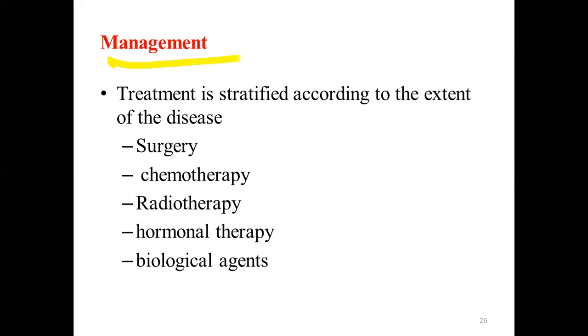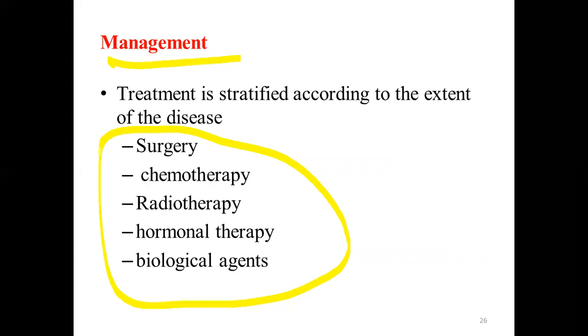According to the current guideline, those are the modalities we are going to use in managing breast cancer: surgery, chemotherapy, radiotherapy, and hormonal therapy. But remember, hormonal therapy is only considered if the patient is hormone receptor positive.